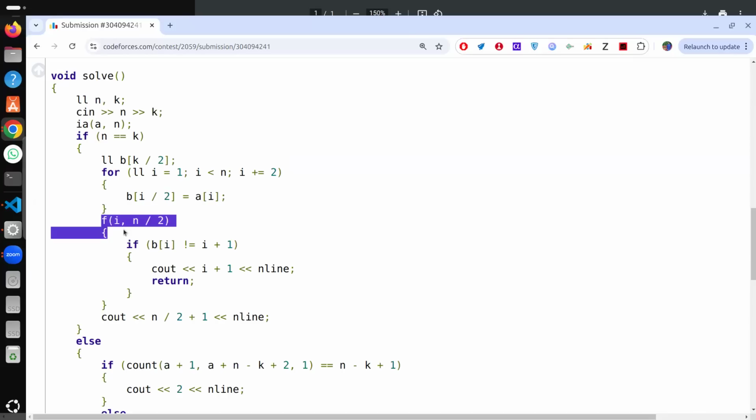Then I made a loop for i equal to 0, i less than n by 2, i plus plus. If B[i] is not equal to i plus 1, because of 0 indexing, then just print the index. That is the cost.